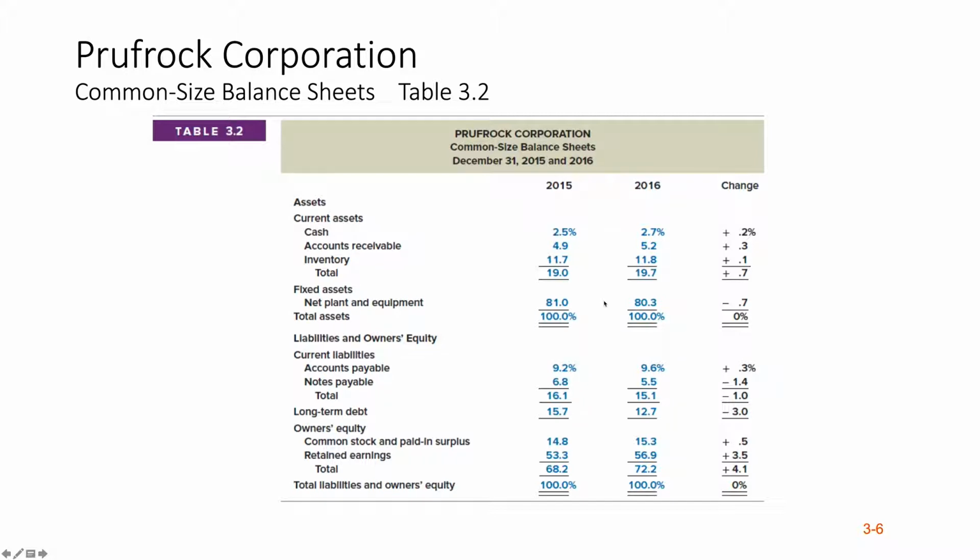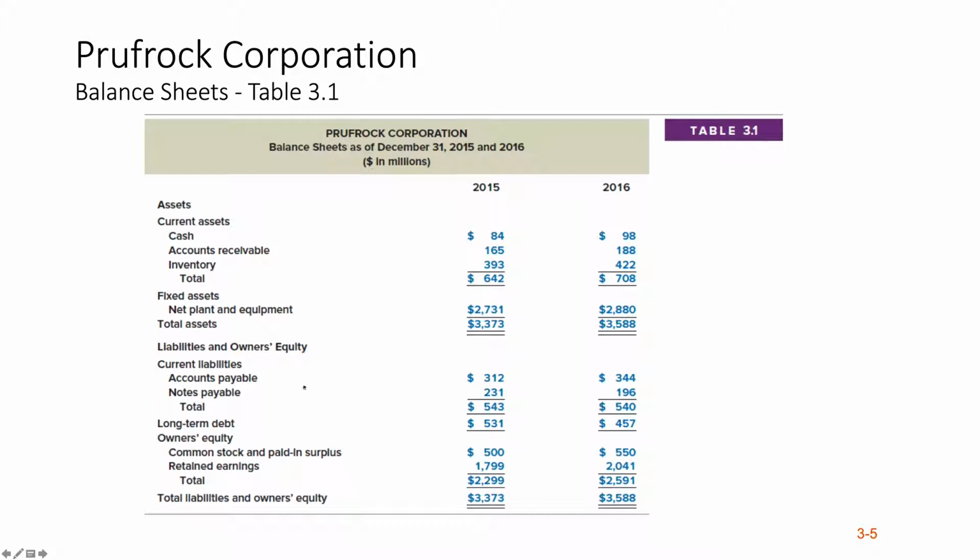Now we will see that for the company's inventory there's not much change. So one question I can ask here is, how about the company's long-term debt? The long-term debt for the company in 2015 is 531.